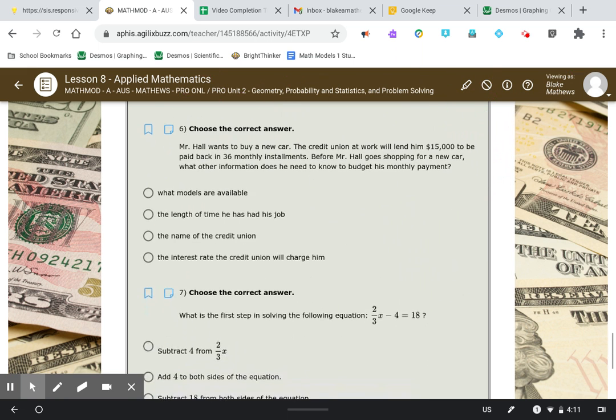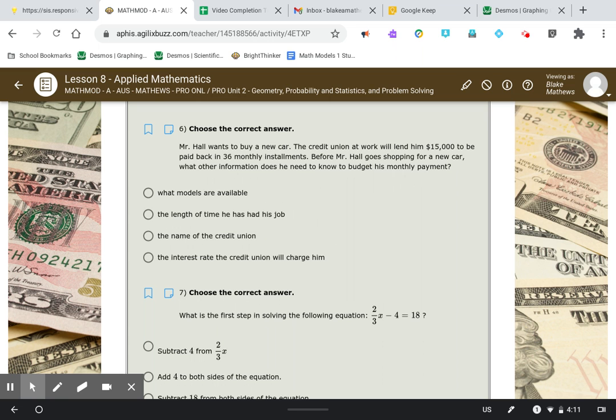Mr. Hall wants to buy a new car. The credit union at work will lend him $15,000 to be paid back in 36 monthly installments. Before Mr. Hall goes shopping for a new car, what other information does he need to know to budget his monthly payment? Well, this is more of a question of understanding how these things work.